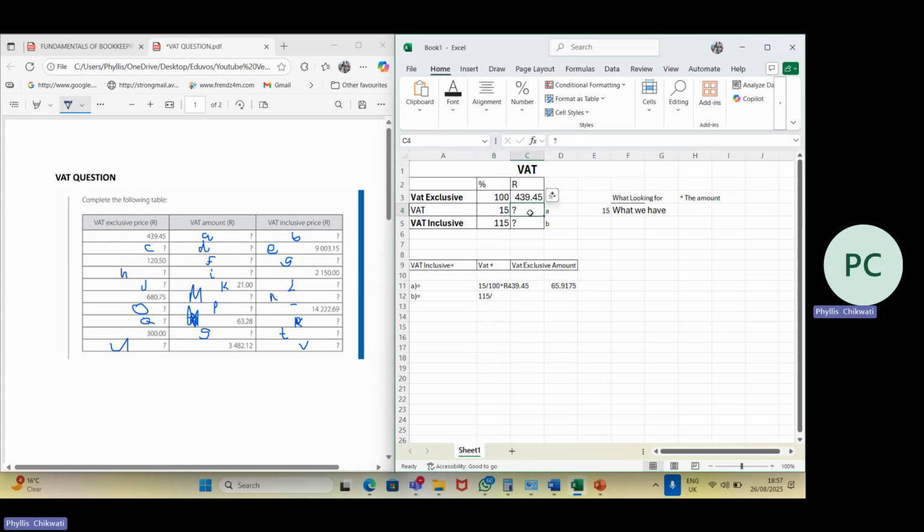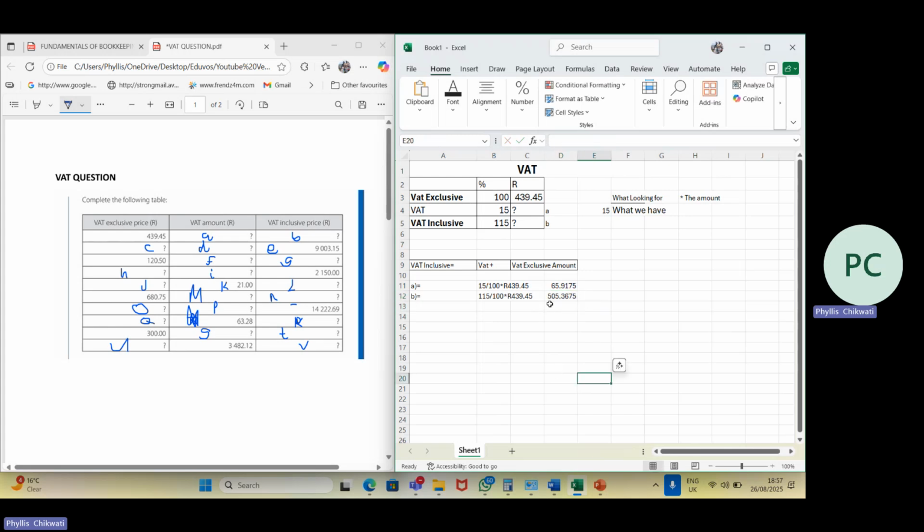Now you have two options. This part you now know, this part you now have. So you choose. But I always say, not to confuse you to remember a lot of things, I'm still going to continue using my VAT exclusive amount. Then you multiply that by 439.45. Then your answer is how much? Let's quickly see how much we get: 115 over 100 times 439.45.